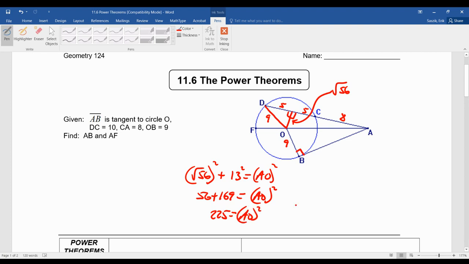So obviously AO would be the square root of that, which would be 15. Now if AO is 15, let's see if we can answer the questions. That means AB is 12 from triples. And AF, of course, is 24. We just have to add in this other radius.